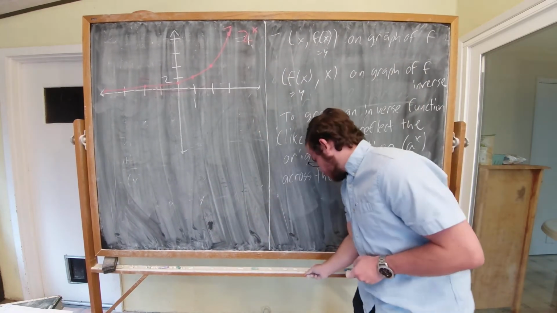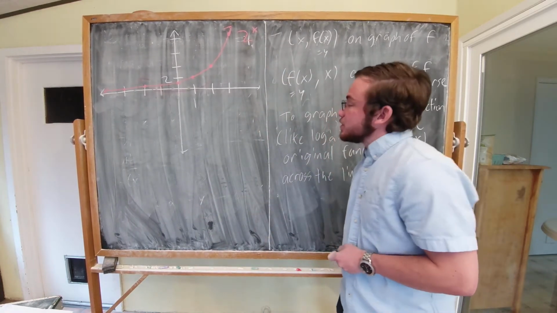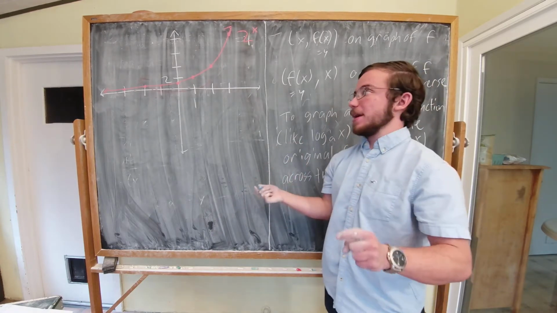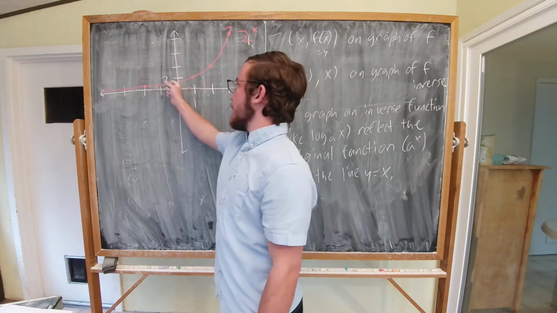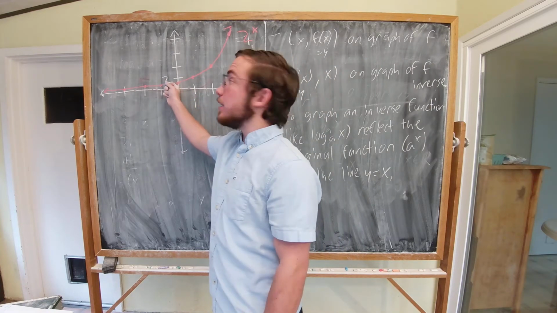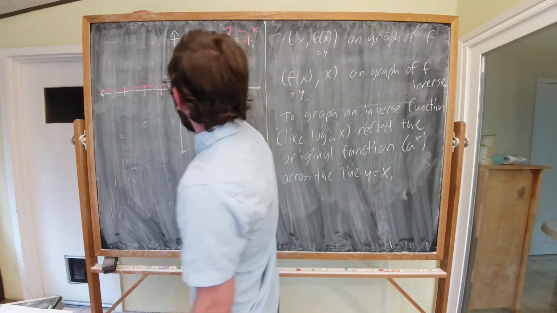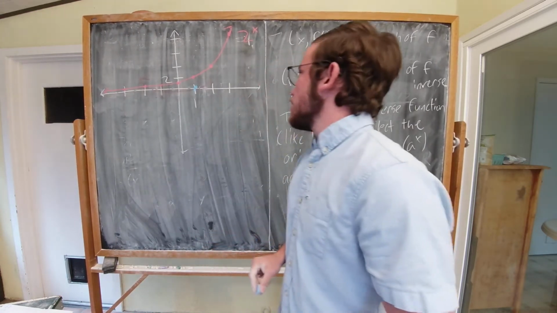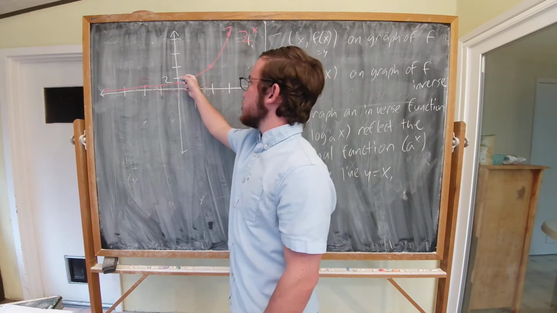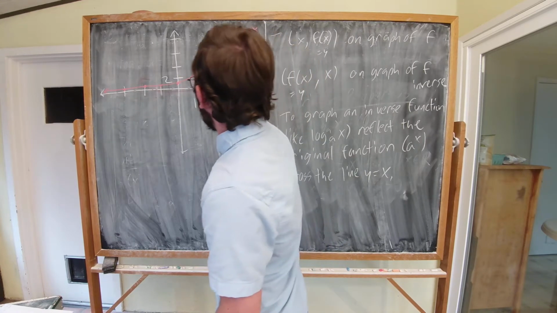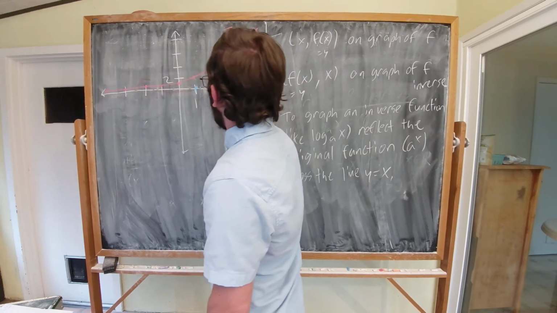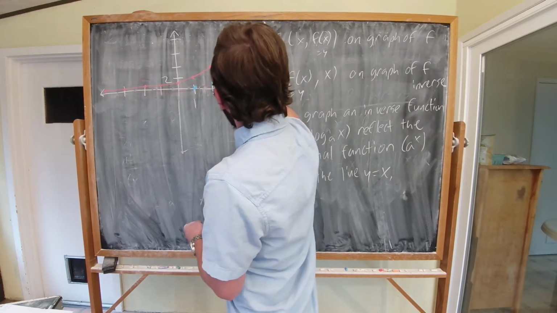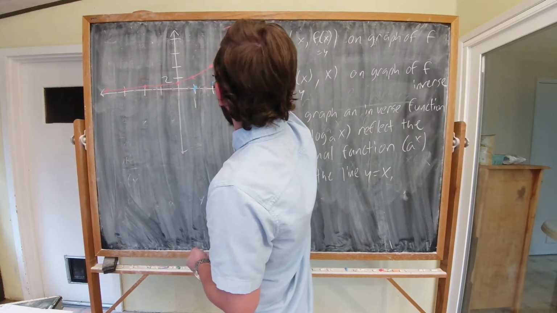Now if we wanted to graph log base 2 of x, we'd say, okay, we're going to swap all the xy pairs. I see that I have the pair 0, 1, which means I'm going to have the pair 1, 0. I see that I have the pair 1, 2, which means I'm going to have the pair 2, 1. We have 2, 4, which means we're going to have 4, 2.